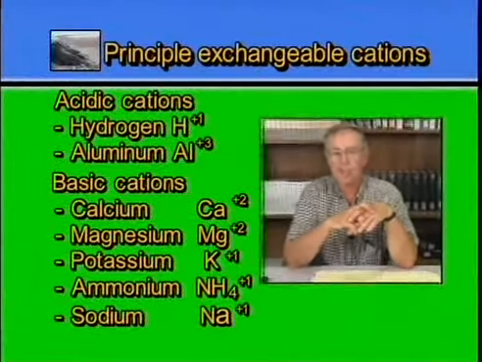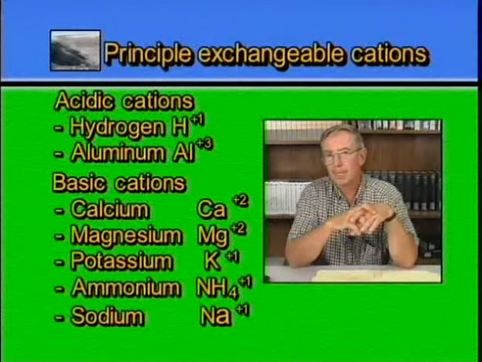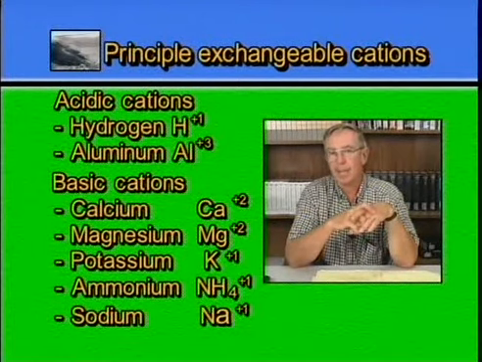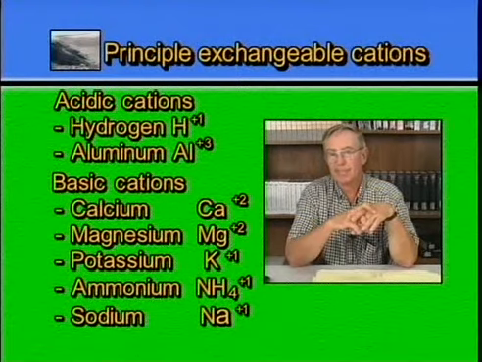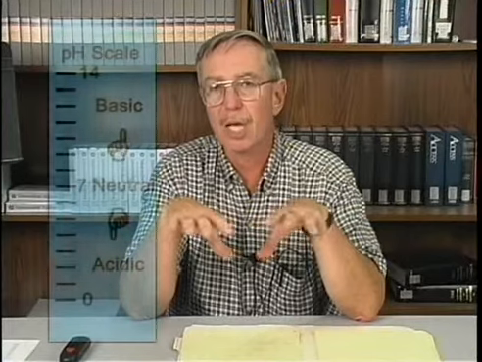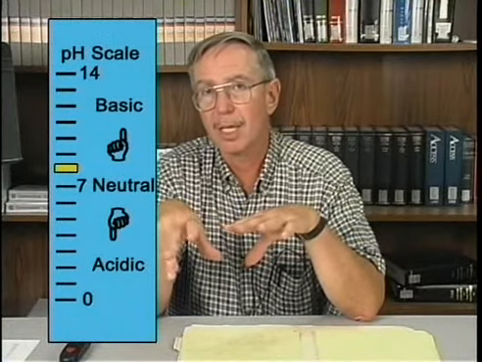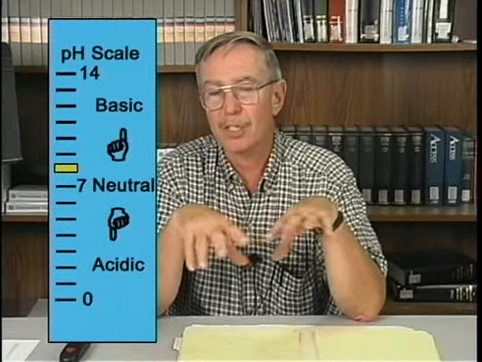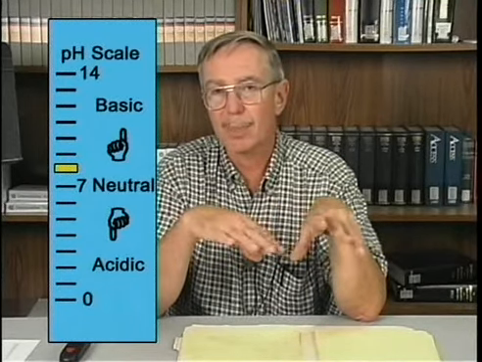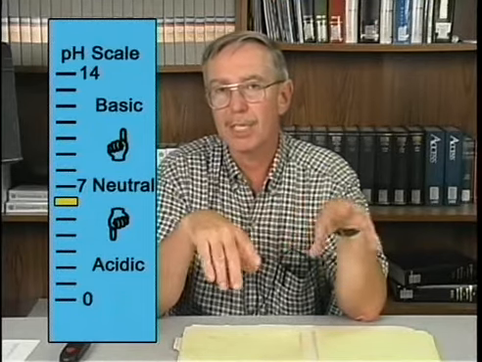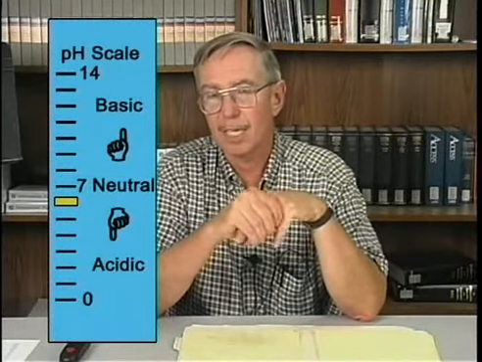Those acidic ions were hydrogen and aluminum, you'll recall, and the basic ions were calcium, magnesium, potassium, ammonium, and sodium. So what I'm really saying now is that as we increase the concentration of the basic cations, we would expect the soil pH to be higher or above neutral on the scale, and as we decrease the concentration of those cations, we would expect the pH to go down or further into the acidic side of the pH scale.